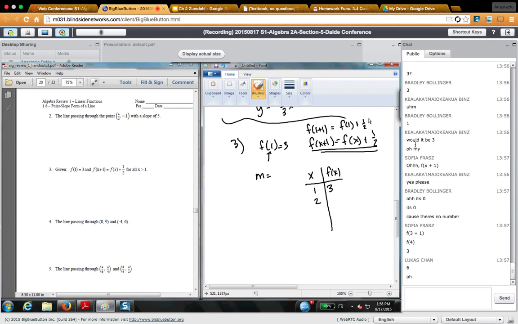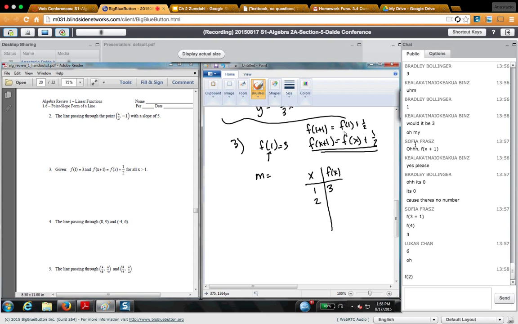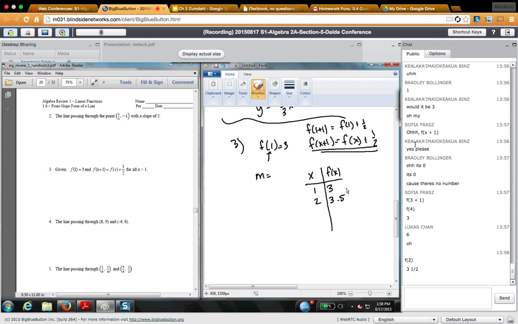What is f of 1 plus 1? That's 2, f of 2. It's telling me f of 2 is equal to whatever f of 1 was plus 1/2. So I would say it's 3.5, because 3 plus 1/2 is 3.5. We cool?